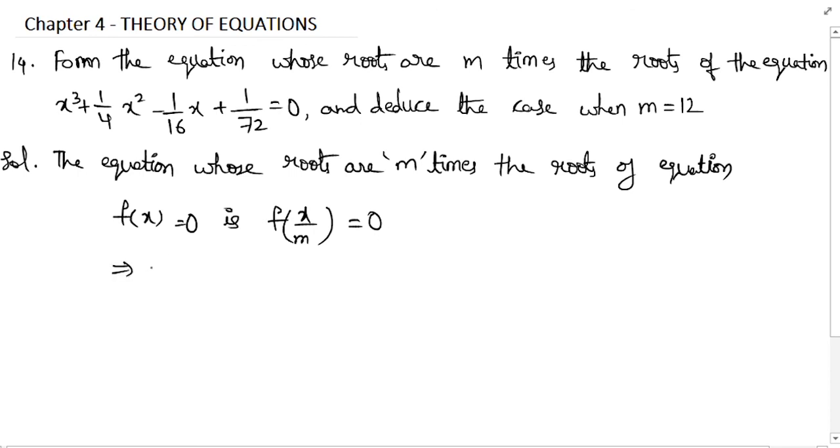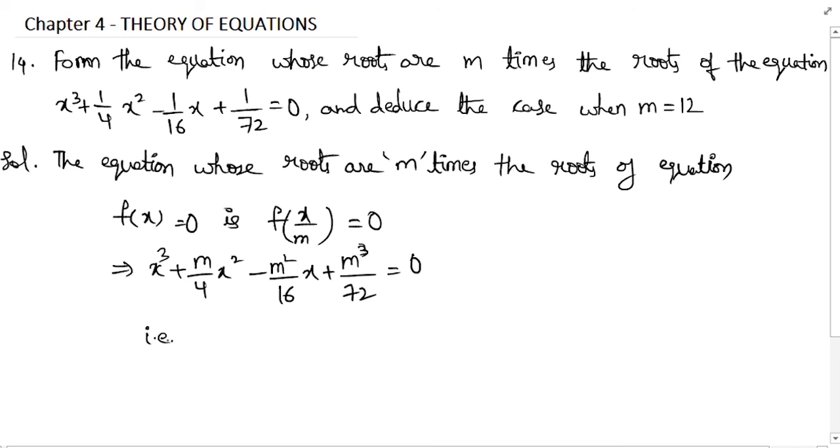So our required equation will be x cube plus m by 4 x square minus m square by 16 x plus m cube by 72 is equal to 0.